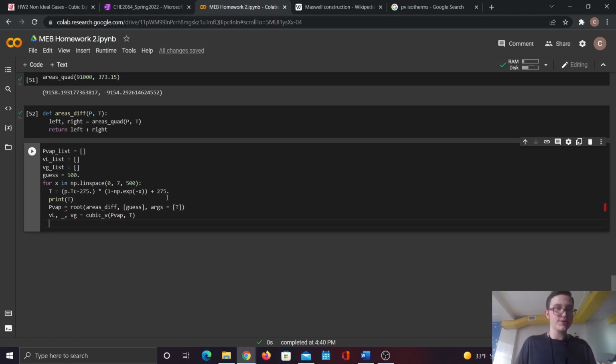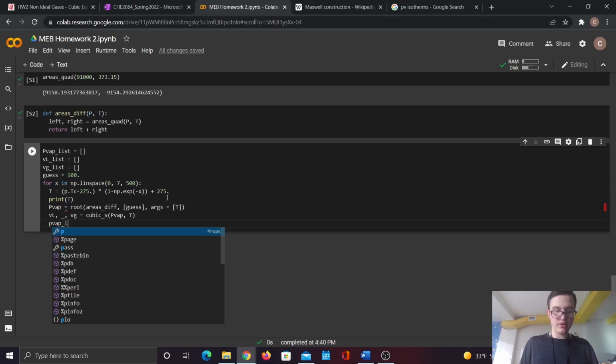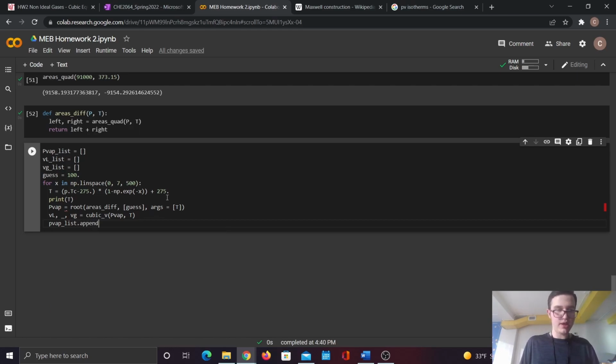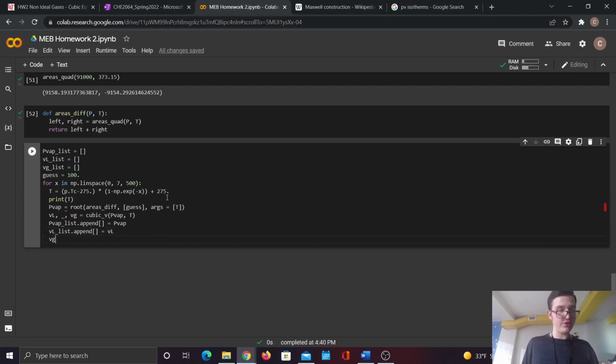Now we can add, so PVAP list.append PVAP, VL list.append VL, and same thing with VG list.append VG.